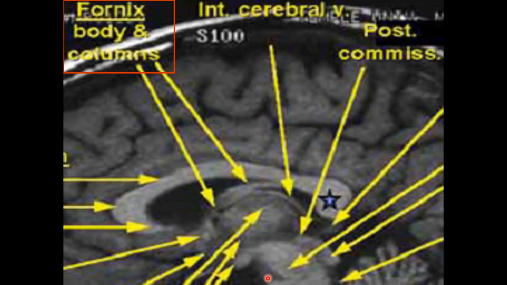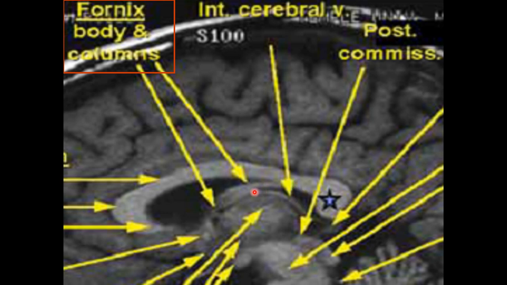We can see that on the axial MRI images. You can see the two crura of the fornix, okay, and they are fused together to form the body of the fornix, which again separates into two columns, and each column goes to the area of the mammillary body and the hypothalamus here. So it goes from the hippocampus inferiorly and goes under the surface of the corpus callosum.